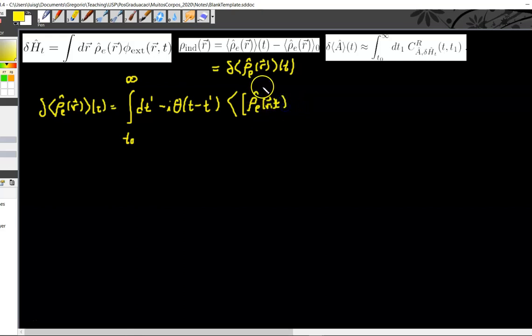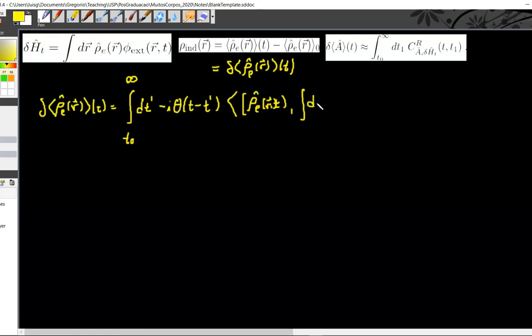This is again written in the interaction picture, okay? And remember it's in the interaction picture, I'm going to omit the indices here, otherwise I'll be keeping these indices too much. And this is also an integral in r.